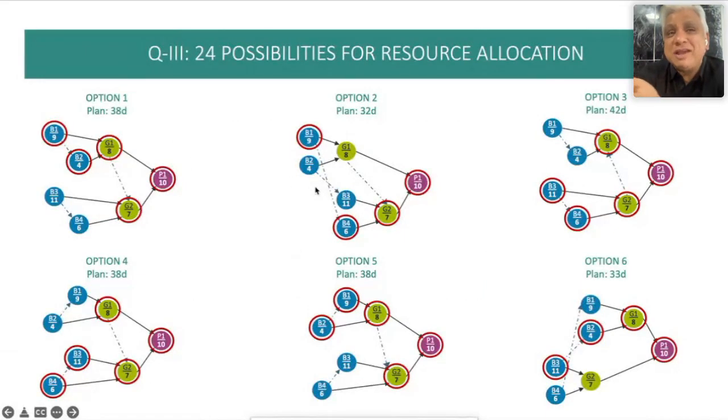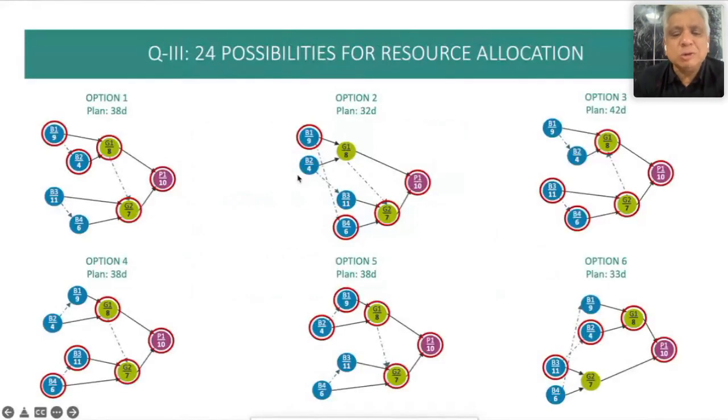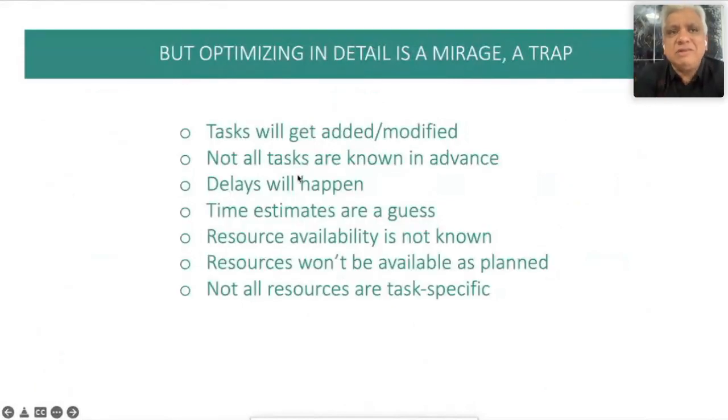Over here, it looks great. I know my tasks. I can do this optimization. In the real world, I don't even know how many blue circles will be there. I don't know how long these blue circles will take. Changes will happen, right? I assume that I'll have 2 blue resources. In the real world, when the time comes to execute the project, I don't know how many resources will be available.